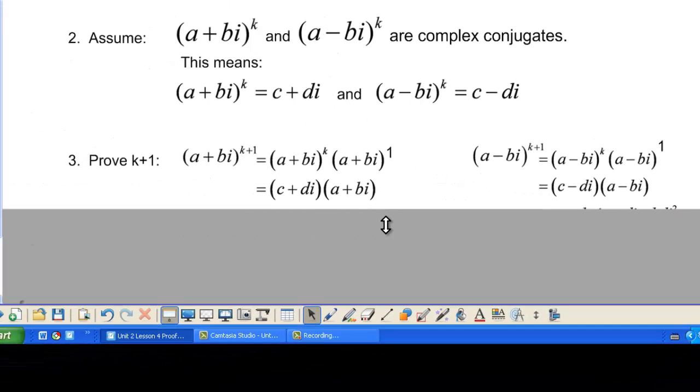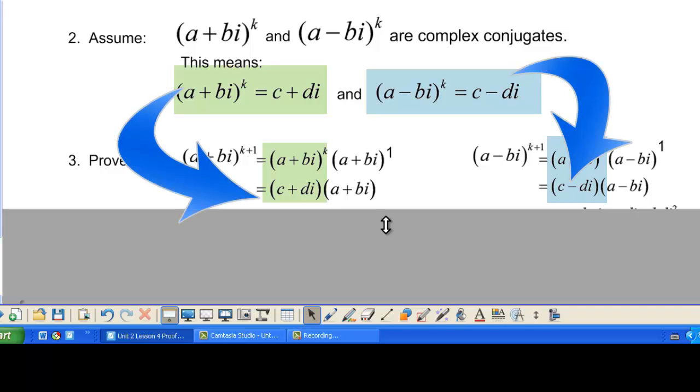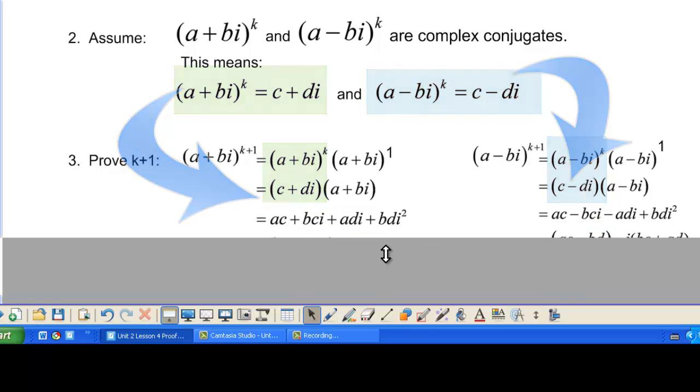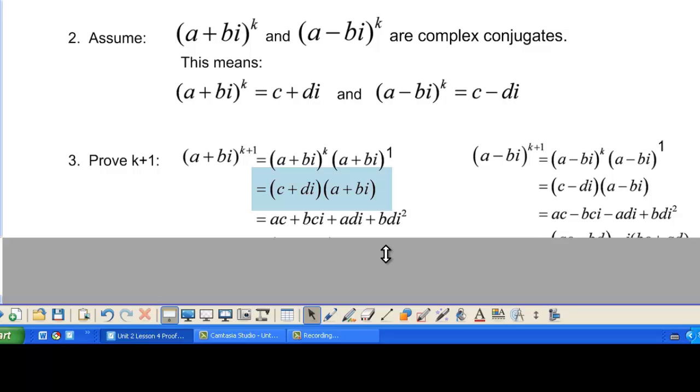Well, we made an assumption from step 2 that a plus bi to the k is some complex number c plus di, and a minus bi to the k is some complex number c minus di. So then, if I FOIL those out, I get ac plus bci plus adi plus bdi squared, and then you see the work for a minus bi times c minus di.